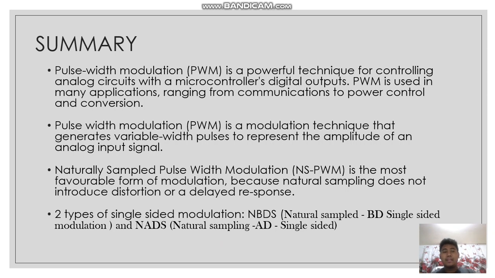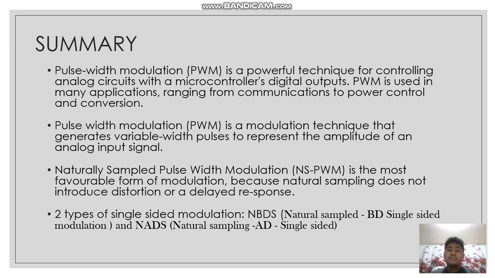So, summary. Pulse width modulation, or PWM, is a powerful technique for controlling analog circuits with a microcontroller's digital outputs. PWM is used in many applications ranging from communications to power control and conversion. Pulse width modulation is a modulation technique that generates variable width pulses to represent the amplitude of an analog input signal.